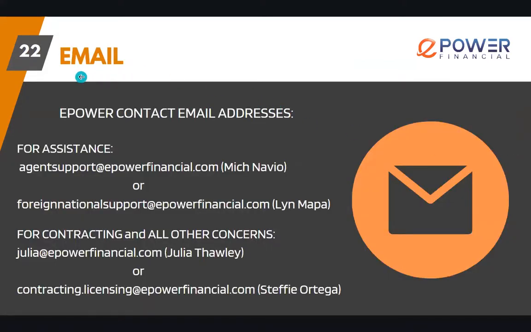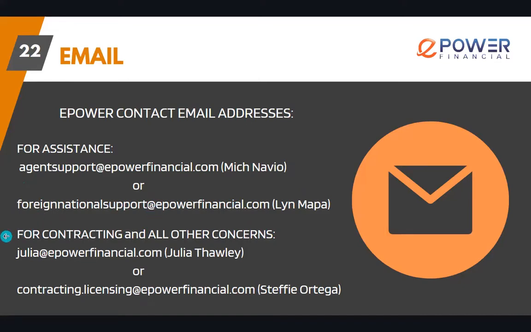So for our email, the Epower contact email addresses for assistance, you have agent support at epowerfinancial.com. That is Mrs. email address. She will be helping Miss Cheryl with ERTC filing moving forward. Another email for assistance is foreign national support at epowerfinancial.com. That is Lynn's email.